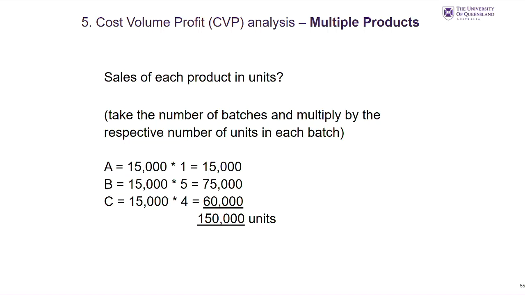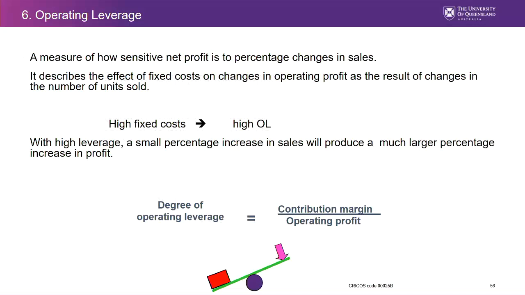But this is assuming that that sales mix stays constant. So you need to be able to extend on your basic kind of cost volume profit analysis and do a break-even point calculation for a batch. All good? Multiple products. Okay.